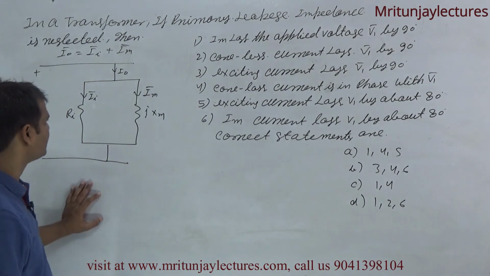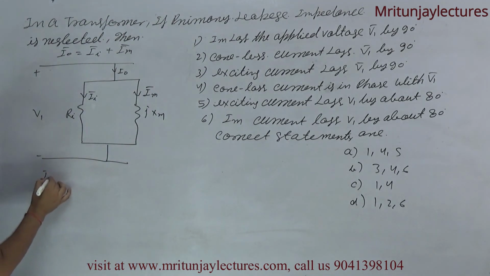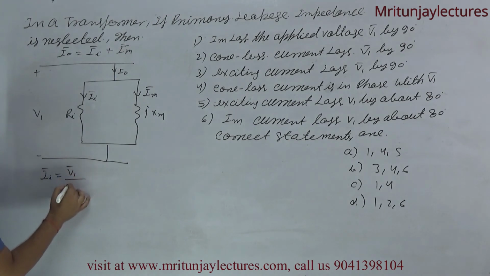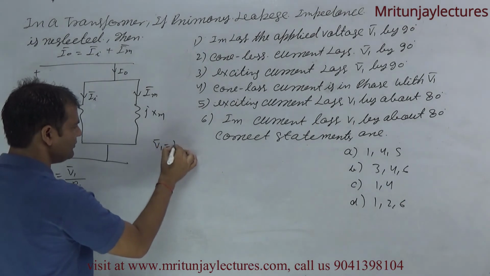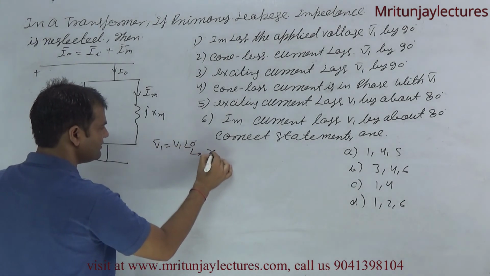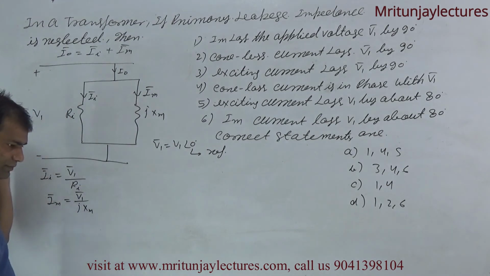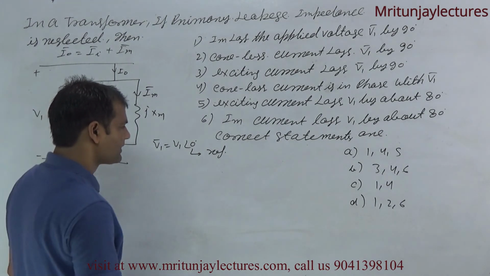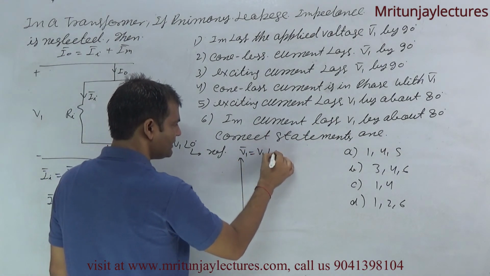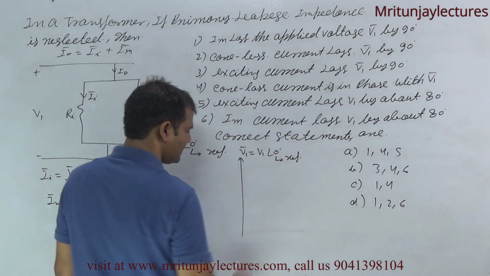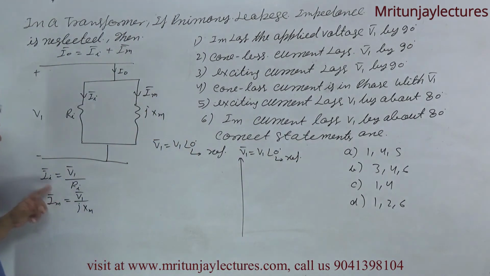I know that Ii is equal to V1 divided by Ri, and Im is equal to V1 divided by jXm. If we take V1 as reference, V1 at the angle 0 degrees, first make the phasor diagram. This is V1 at the angle 0, that is the reference. What about Ii, the core loss current?